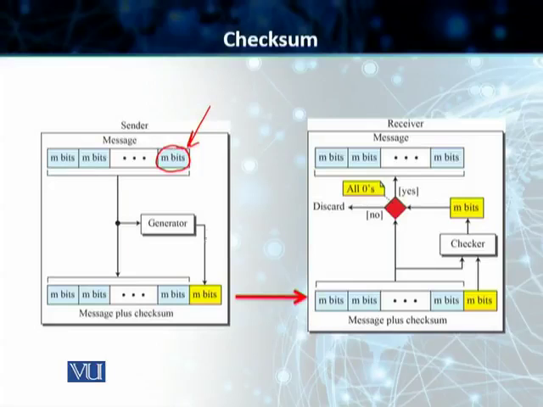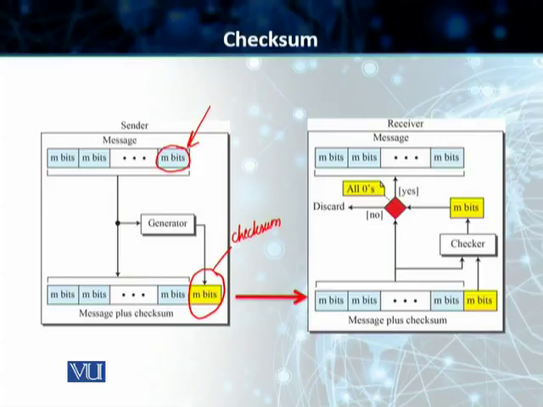The generator then creates a checksum of M bits, the same number of bits as in each of the units that we have divided our message into. We append this after the overall message that we are sending.